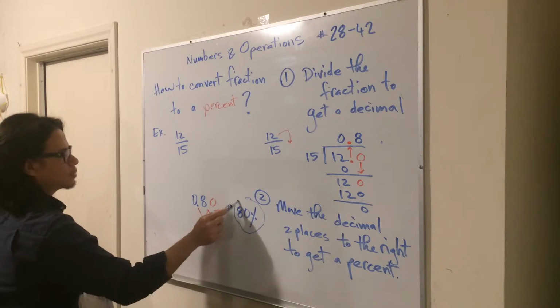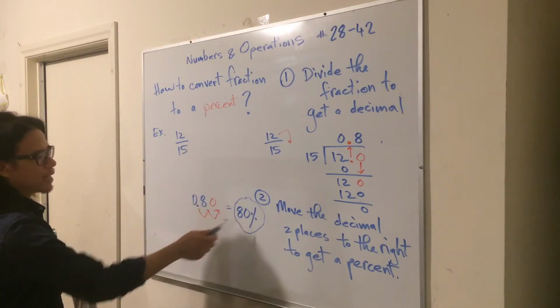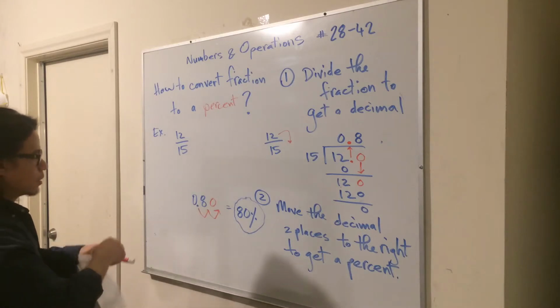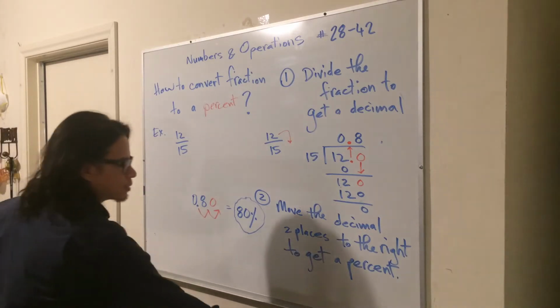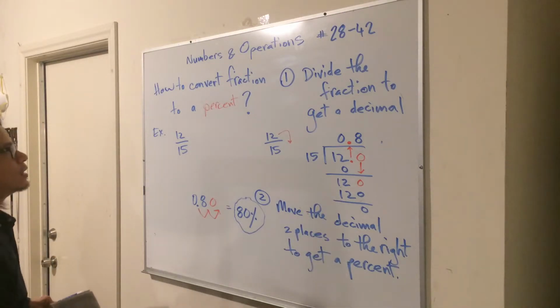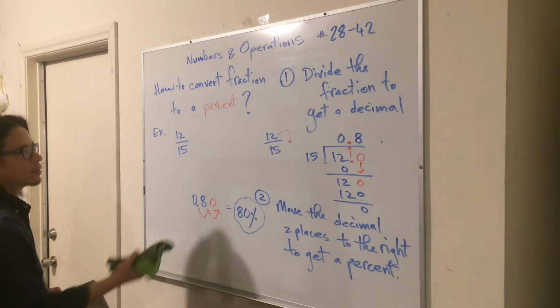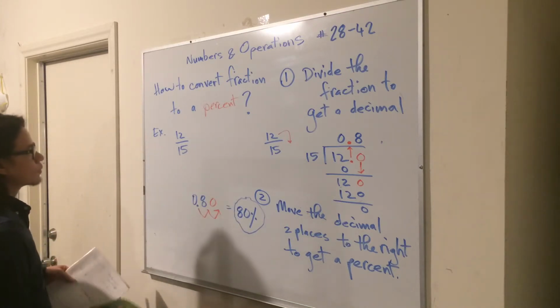In other words, 12 over 15 is equal to 80%. This type of problem is sometimes tricky, especially if you haven't seen it for a while. So let's take a look at another one that is similar to this here.